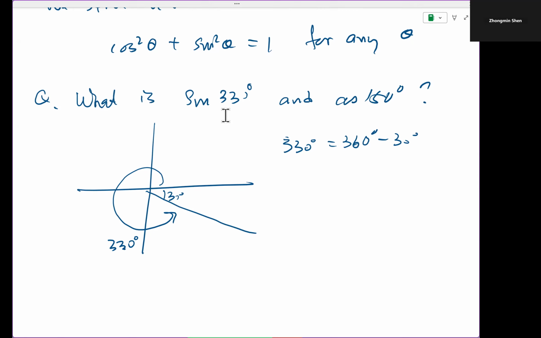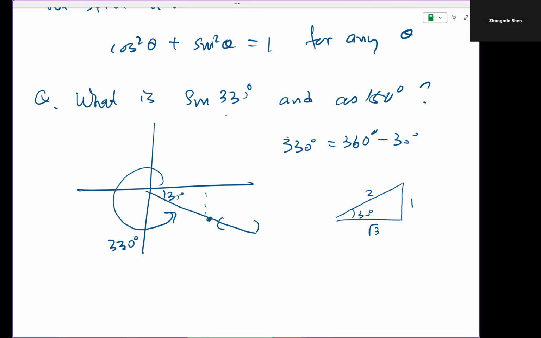So how do we find sine 330 degrees? You need the coordinates of this point. What you can do is look at the special triangle here. For 30 degrees, this side is 1, this side is 2, this side is square root of 3. So what are the coordinates here? The first coordinate, compared with that triangle, A is positive.